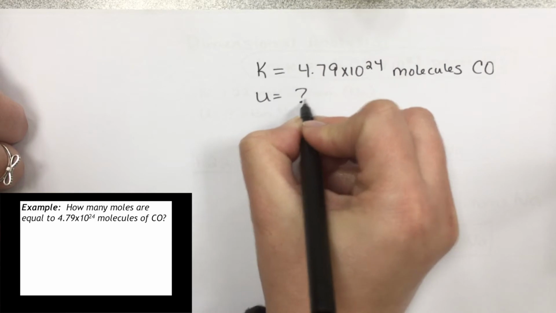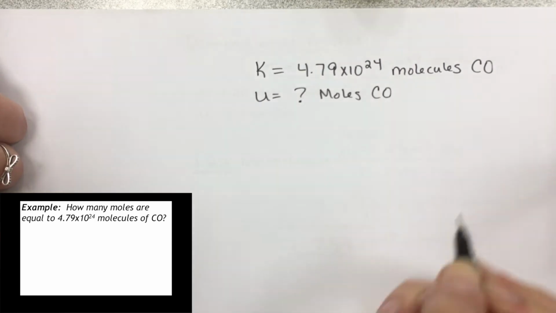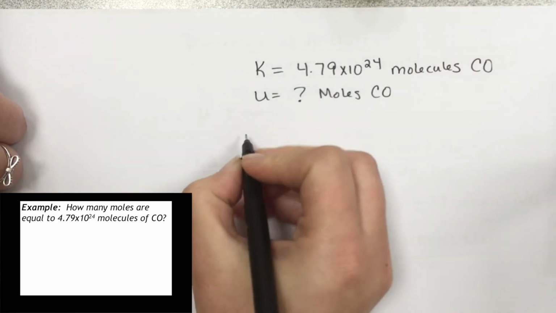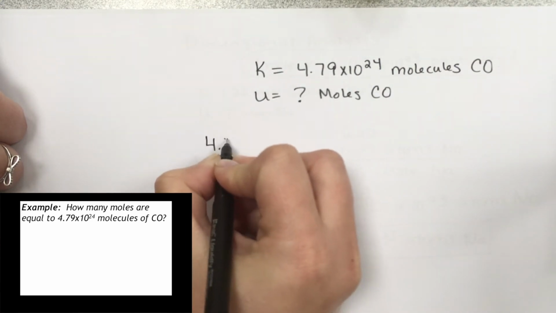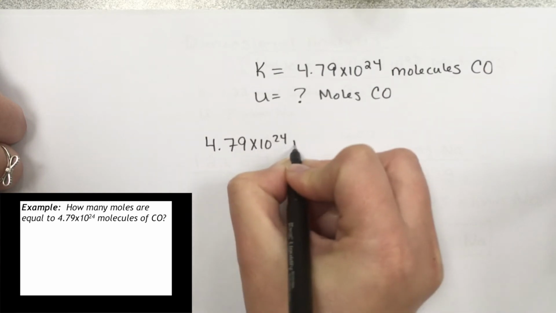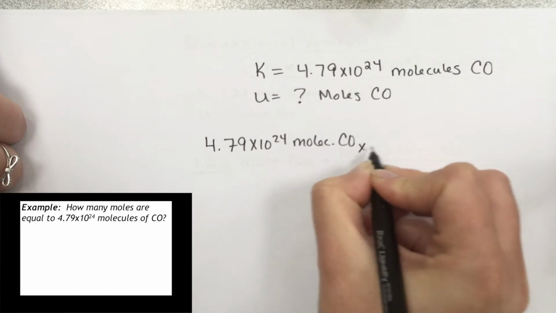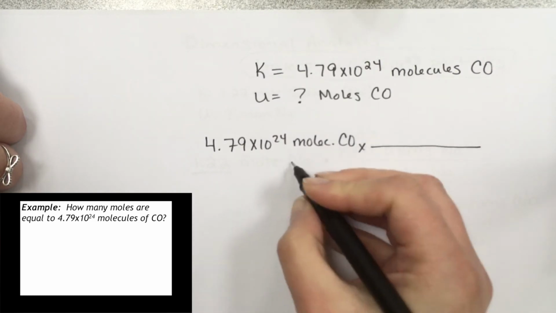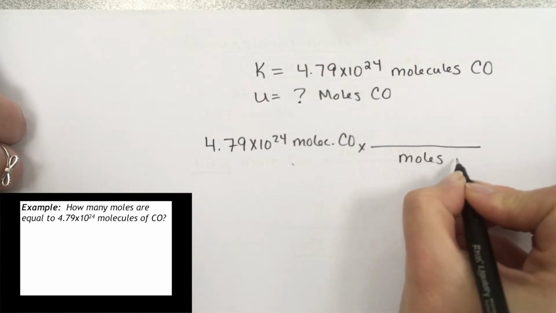So we do not know the number of moles of carbon monoxide, okay? So we always start with our known on our equation, which is 4.79 times 10 to the 24th molecules of carbon monoxide, okay?